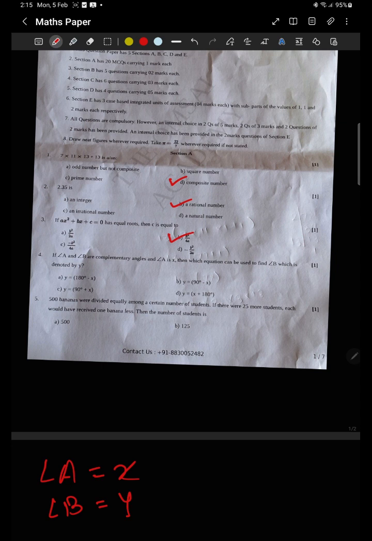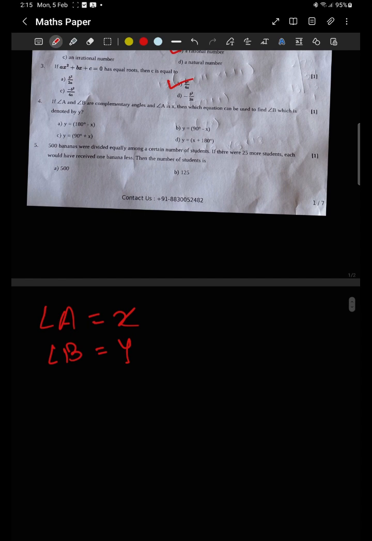First of all, complementary means what? Supplementary means the addition of two angles is 180 degrees, and complementary means the addition of two angles is 90 degrees.